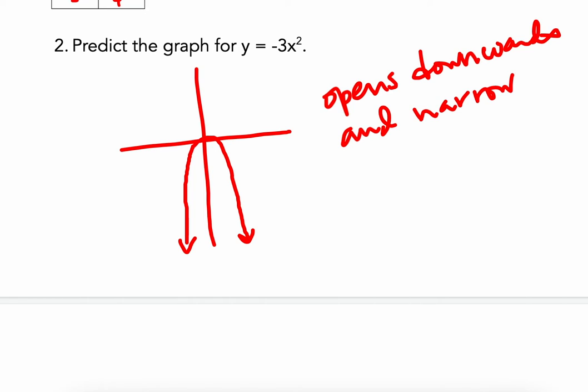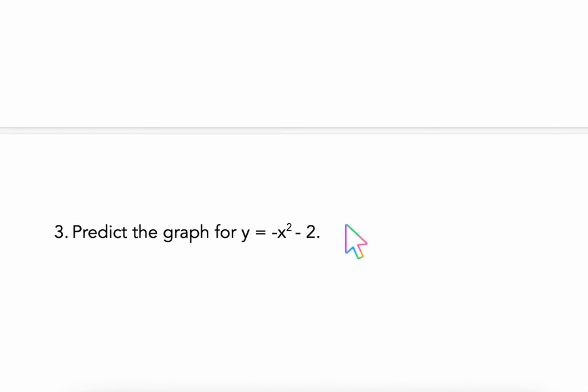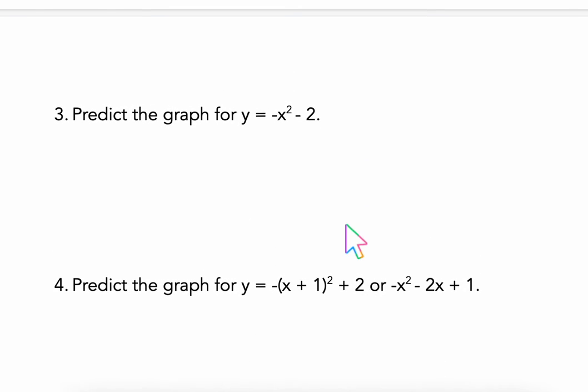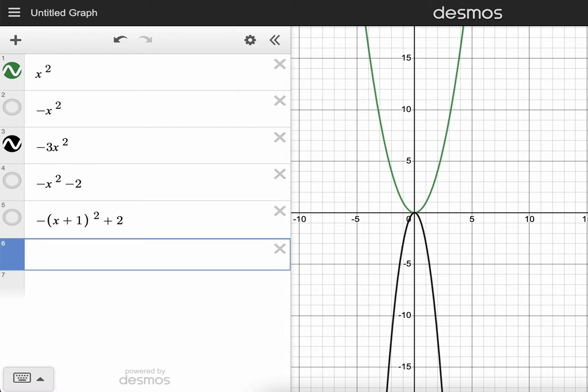Okay, now we have another graph to predict. This one says to predict the graph for y equals negative x squared minus 2. Make your prediction. What would that graph look like before we graph it on Desmos? Let's see what the graph for y equals negative x squared minus 2 will look like compared to our y equals x squared graph.